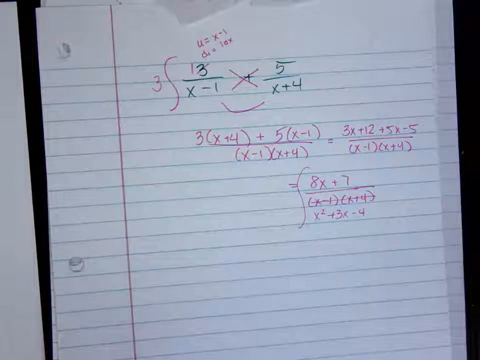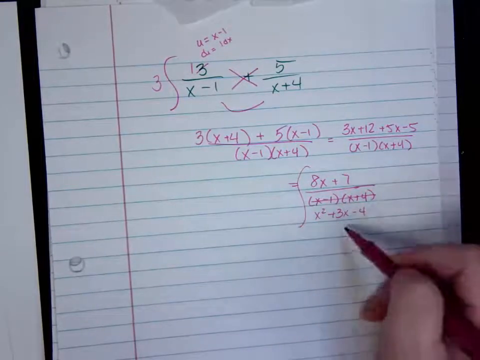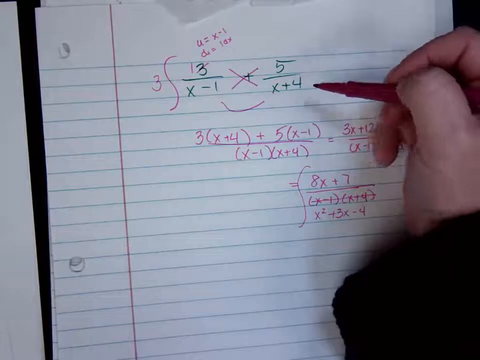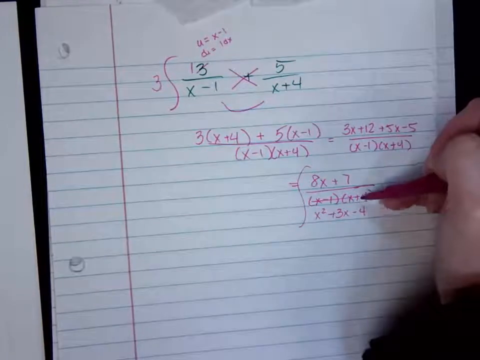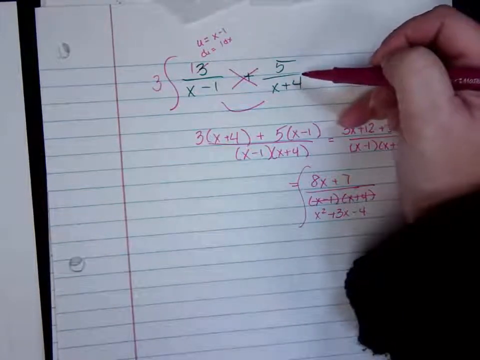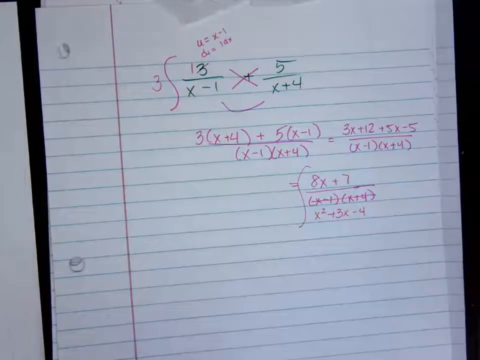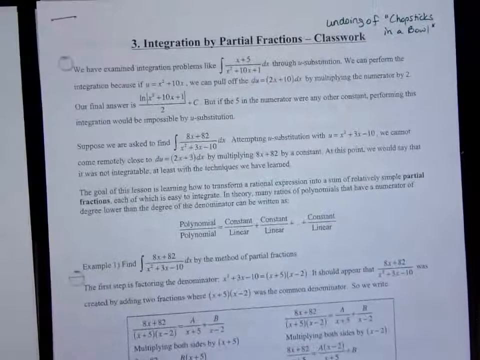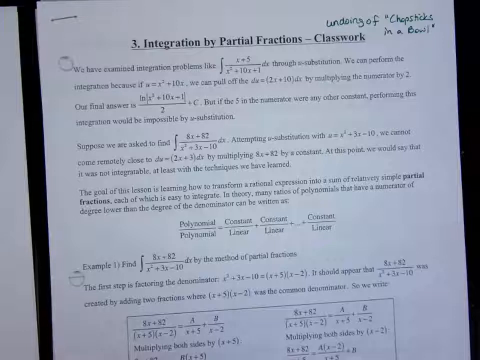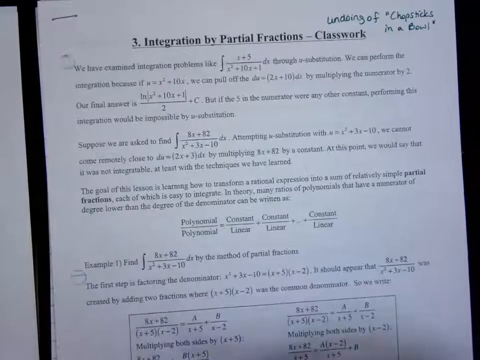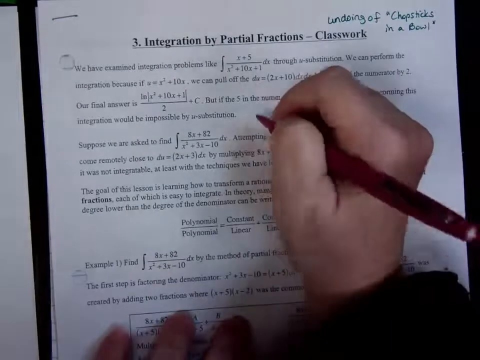So what we're going to learn how to do today is to start here and go backwards. Turn it from the combined fraction into individual fractions so that we can integrate. Okay? So let's go back to the notes. I'm going to add this in, and I didn't do it first period.